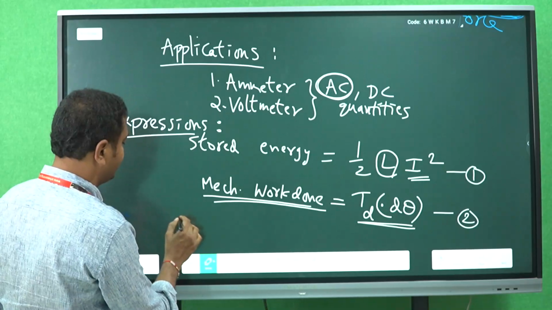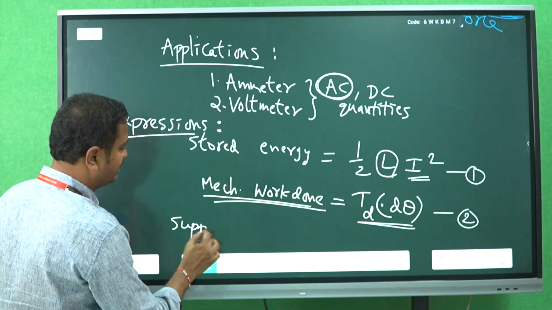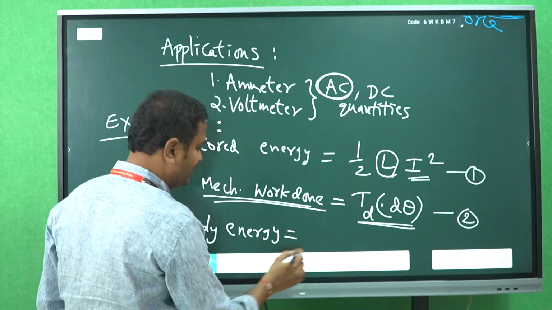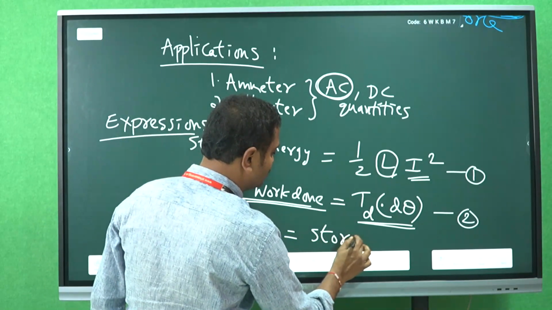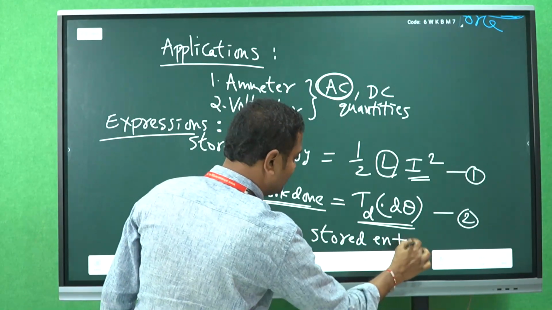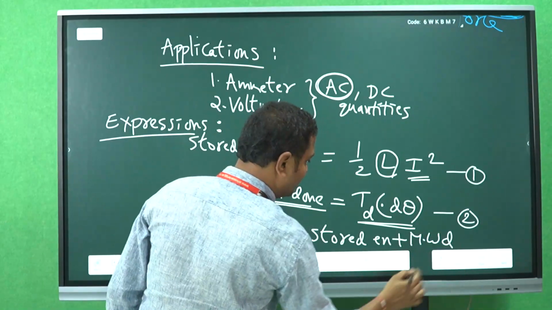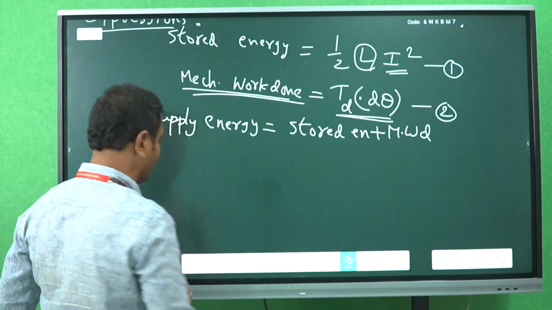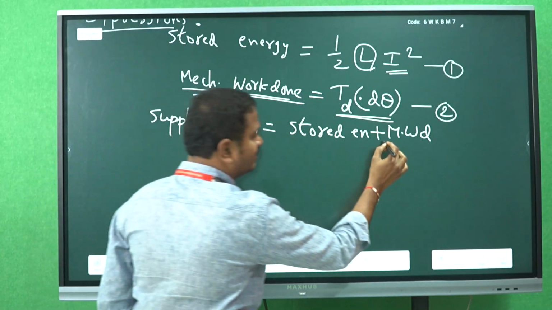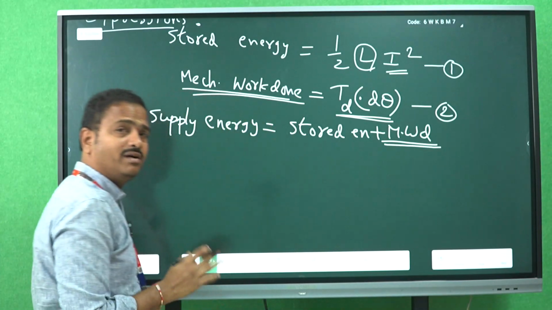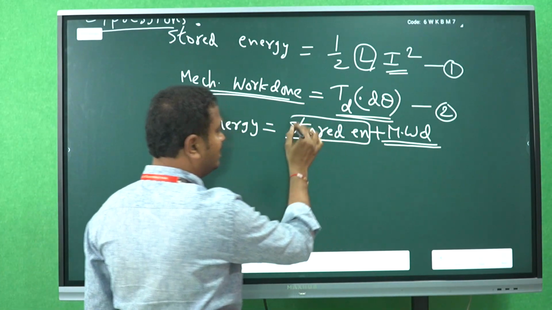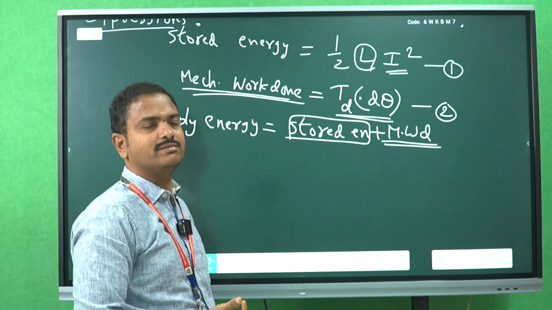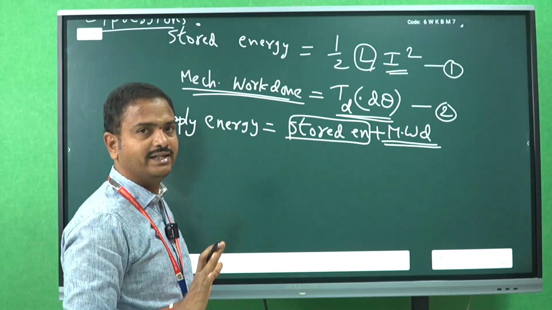So what is the supply energy here? Always, supply energy is divided into stored energy plus mechanical work done, right? Supply energy must be useful for the mechanical work done, but some of the energy is stored inside the instrument, that means the coil's magnetic field, due to the inductance effect.